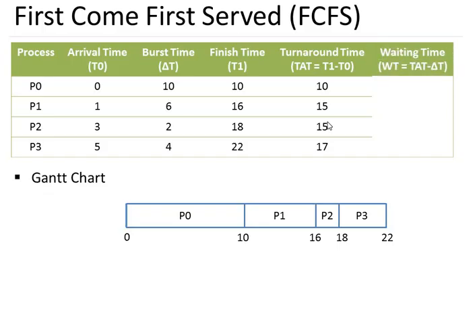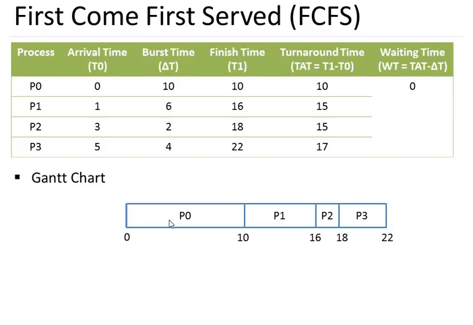Now let's calculate the waiting time of each process. This waiting time represents how much total time a process spent in the ready state, or I can say in the queue, to get the CPU for its execution. When process P0 arrives in the system at time 0, you can see from the chart it gets the CPU immediately.